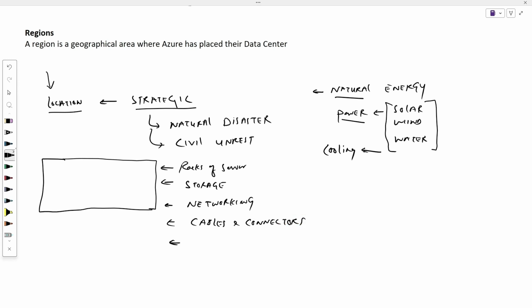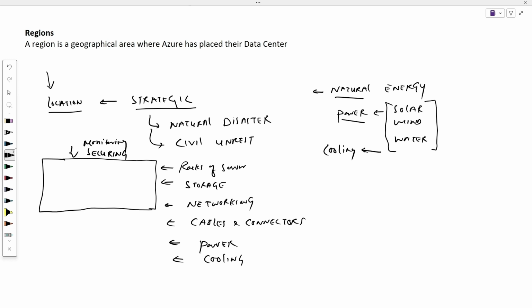This is very common for any organization, whether it is a cloud data center or small data center or any data center, you need to have all these basic entities: power and cooling. They have a robust way of monitoring and securing. They have physical security.